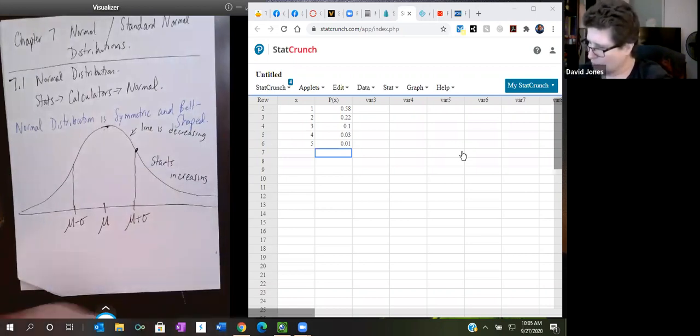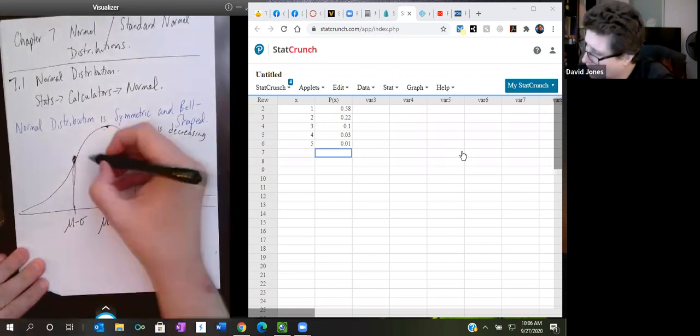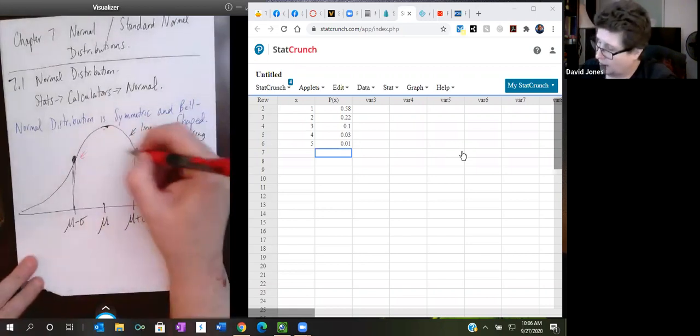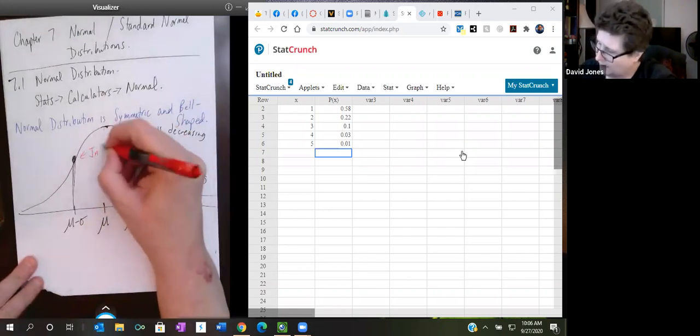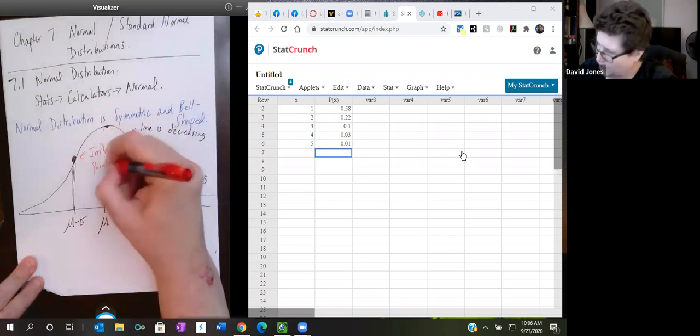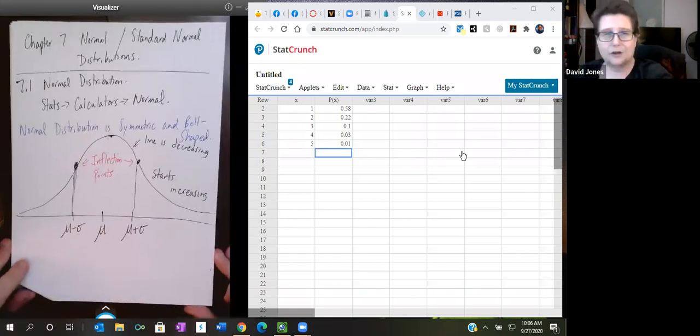And it happens on both sides. If I had drawn this a little bit better, they would be equal right there. These are called inflection points. Just for some, here's your useless, well, not useless, your Jeopardy knowledge.